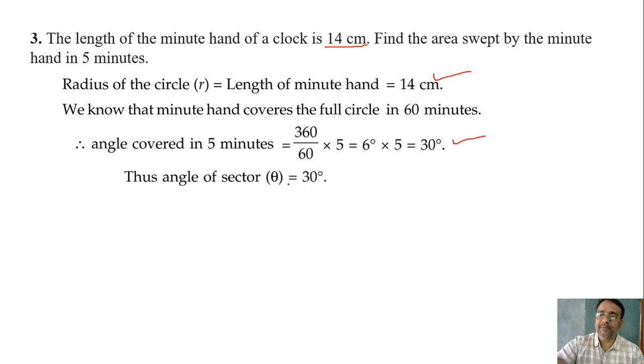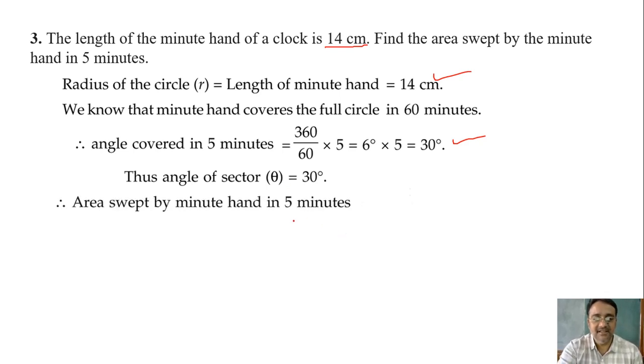And the area swept by the minute hand will be in the form of a sector. And the area of sector is pi r square theta upon 360, or theta upon 360 into pi r square. Now substitute the value of pi, r, and theta, that is 30 degree. So 14 we can cancel with 7, and these also we can cancel, we'll get 12.